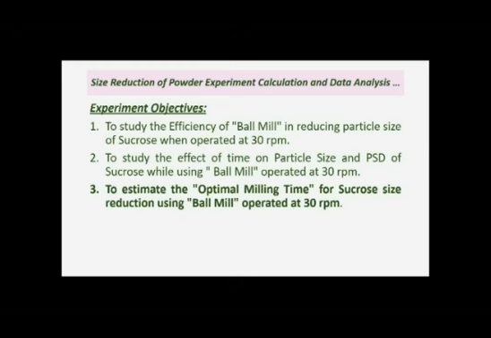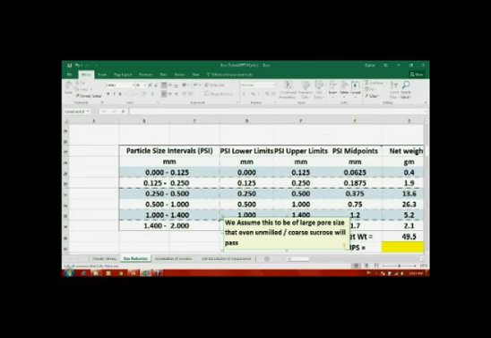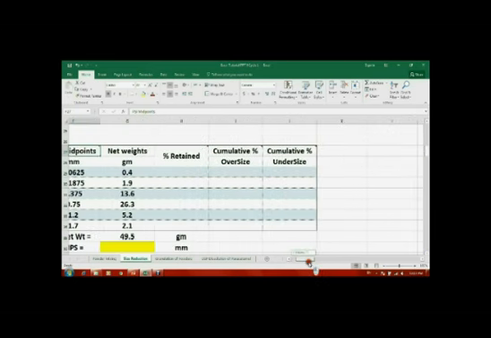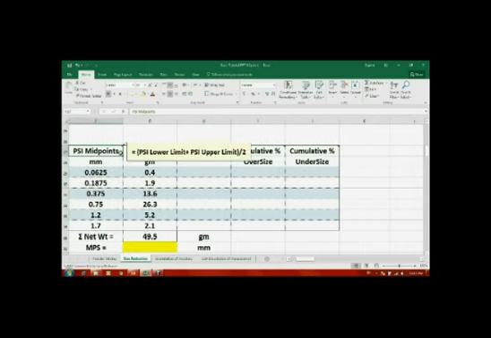Notice here, we assume that the last interval, which is 1.4 to 2 millimeters, has an upper limit of 2 millimeters. Why? Because a 2 millimeter pore size guarantees that all particles will pass, even the unmilled sucrose.